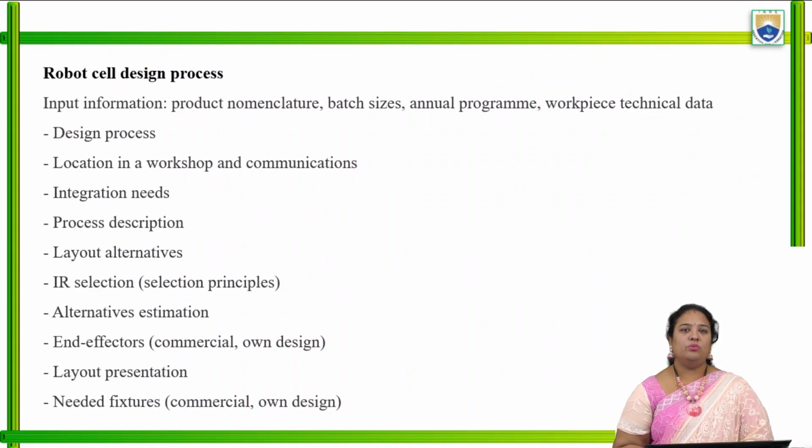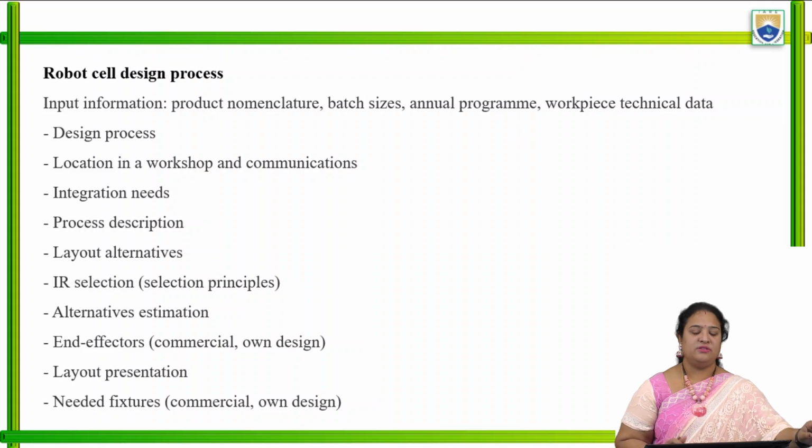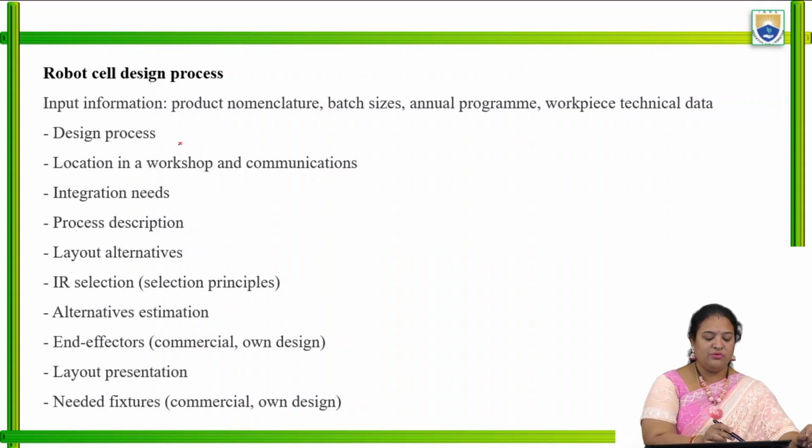Now, this robot cell design process is generally being used for the design process, locating location in the workshop and communication, integrate what are the integrated needs, what are the process description, what is the layout alternative, right?